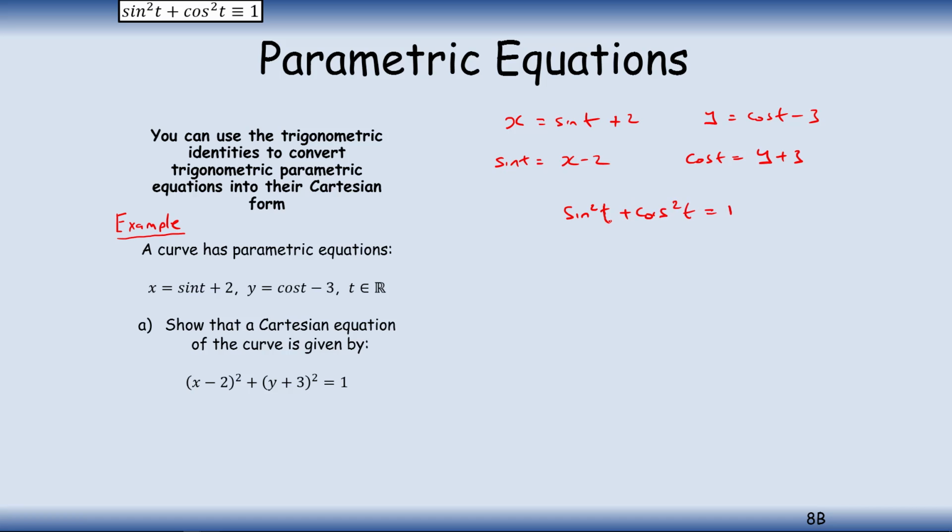Okay, so I've got sine t equals x minus 2, so I'm going to square that. (x minus 2) squared plus, and it tells me that cos t is equal to y plus 3, squared, equals 1. And hey presto, I've got my Cartesian equation.